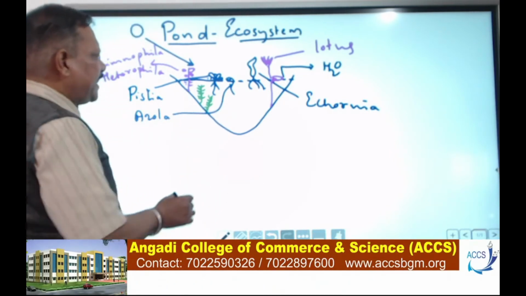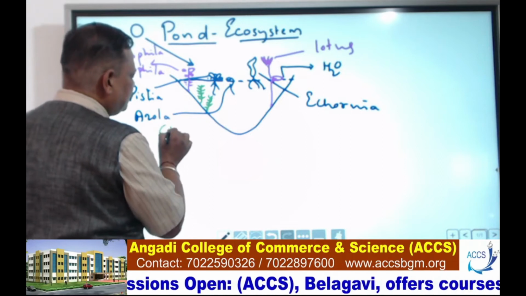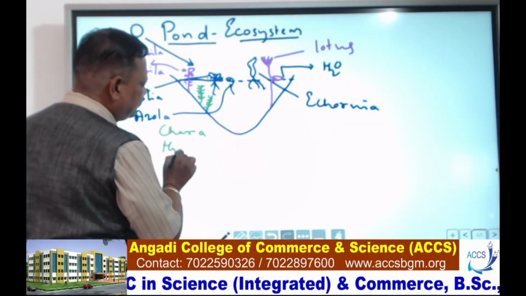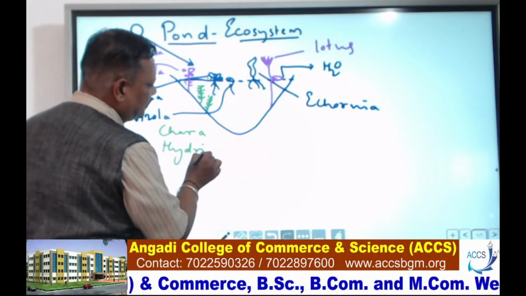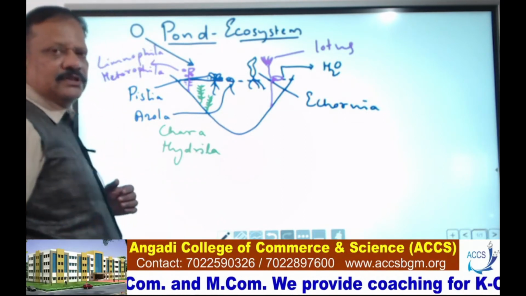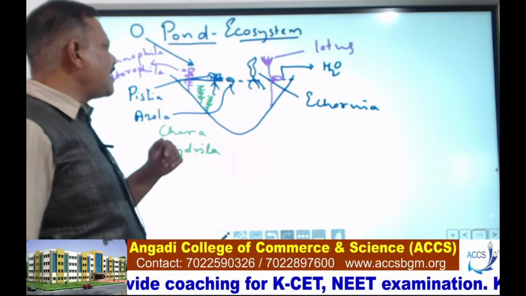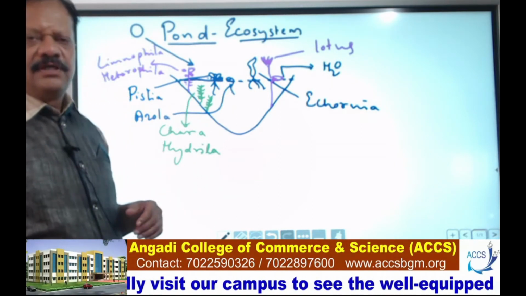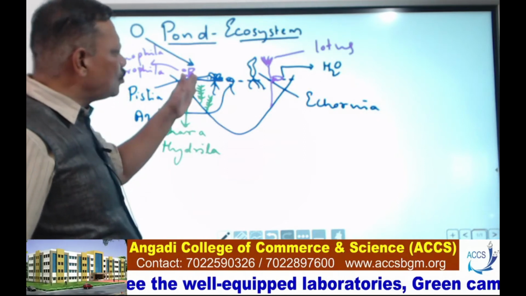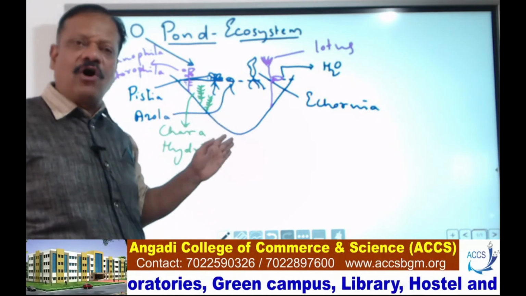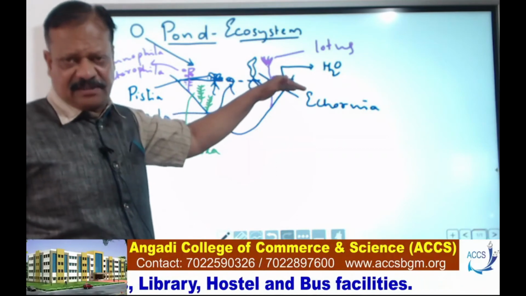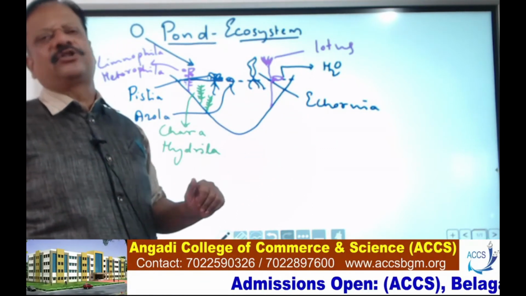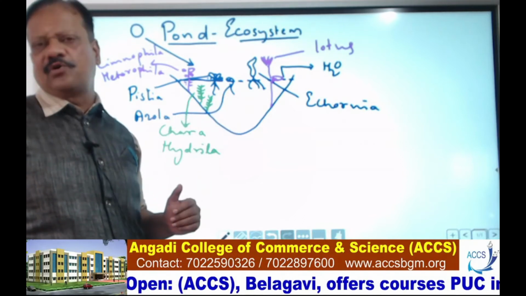Here, you can take an example of Chara, Hydrilla, and so on. So here, Chara and Hydrilla I have taken as examples. These plants are totally submerged inside the water. They are below the water surface. And so many other plants you can also see. I told a few examples here.